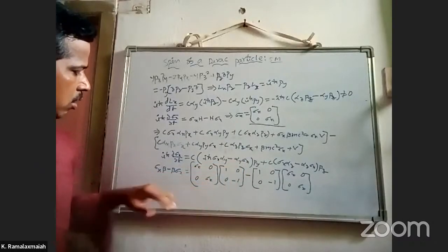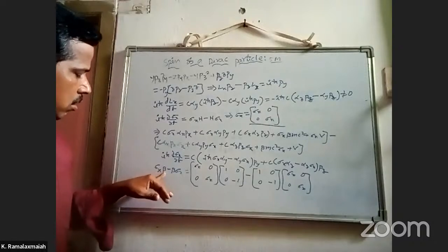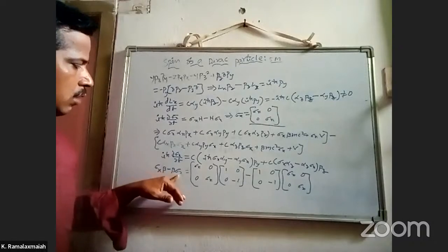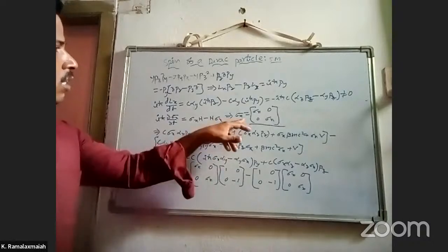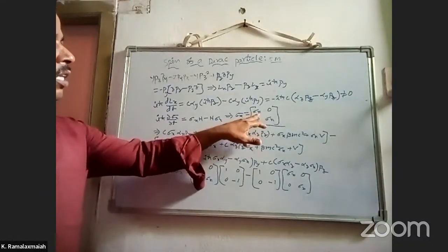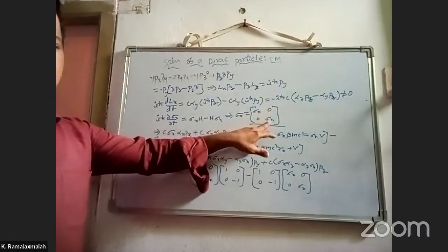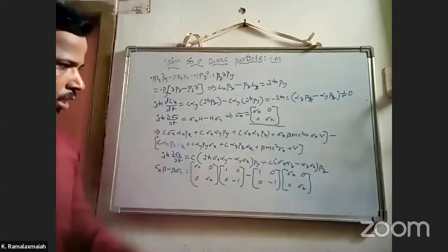And σx β minus β σx is also the σx value, the matrix σx 0, 0 σx. You have to multiply this totally.